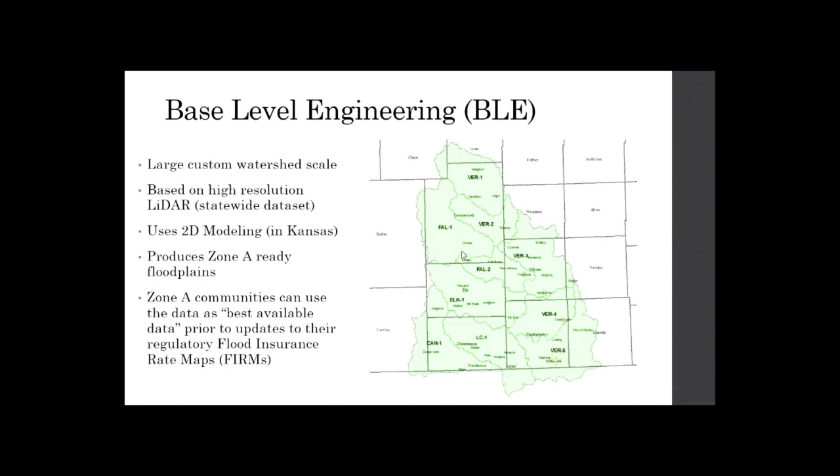Here's an example. One thing to note with our base level engineering, we do have this larger custom watershed, but we are breaking out the models into different sub-watersheds. That's going to be important, as Joanna will describe later, as far as avoiding having two models in one community, trying to avoid that overlap.